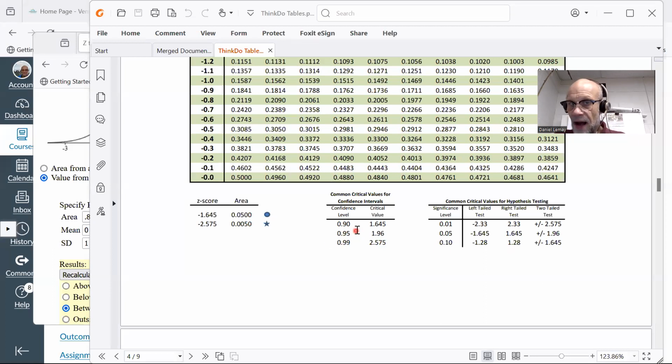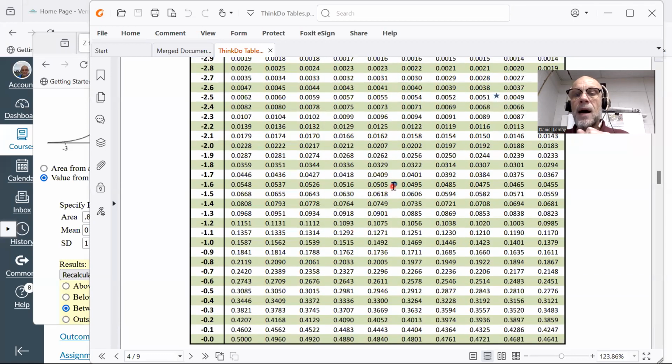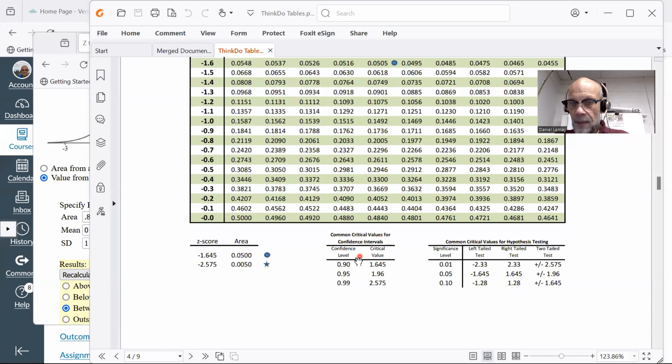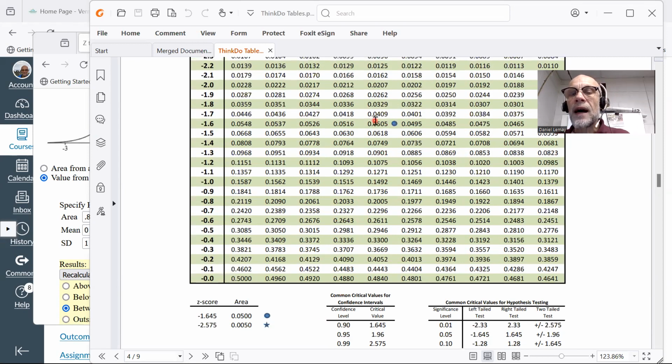Now, you can find these values in the table. Dr. Stevens has them highlighted. What he does by hand, probably, is look for the middle 90%, that leaves 10% outside of it, 5% on either side. So make that a decimal, 0.05, and you see why the 0.05 falls right exactly in between those.